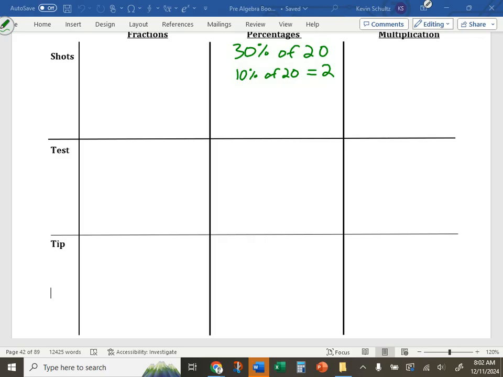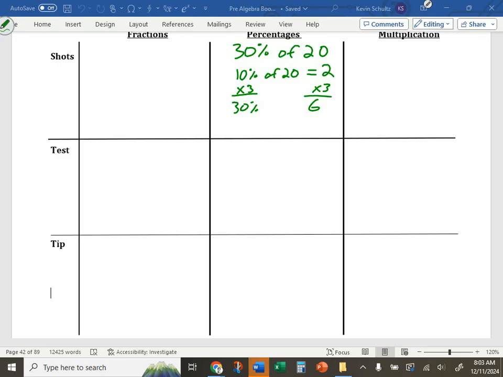So if 10% of 20 is 2, how many 10% do I need to get up to 30%? 3 of them, right? 10%, 10%, 10%, there's 30%. So if I multiply this by 3, that's going to give me 30%, which is what I want. I multiply 2 by 3, and what do I get? 6. Didn't we get 6 as an answer when we did the fraction method? Yeah. So is 6 the correct answer here too? You bet.